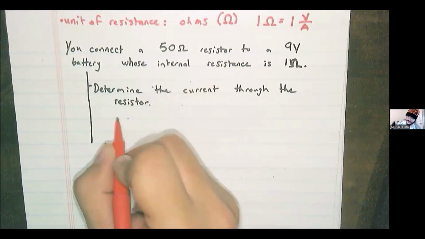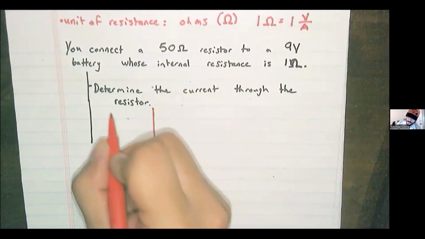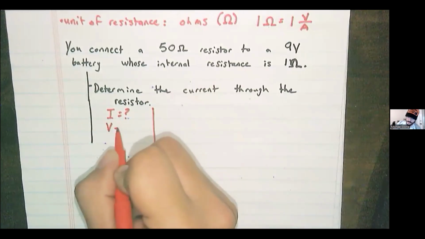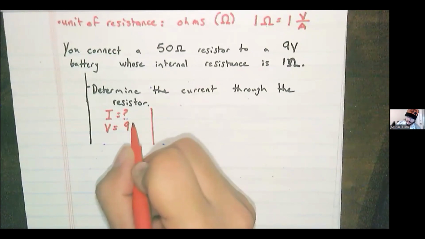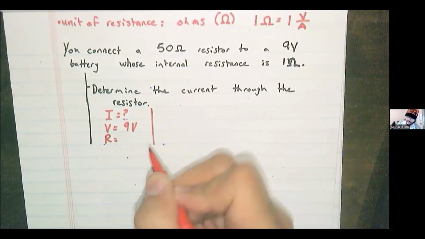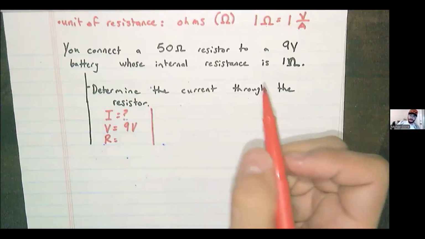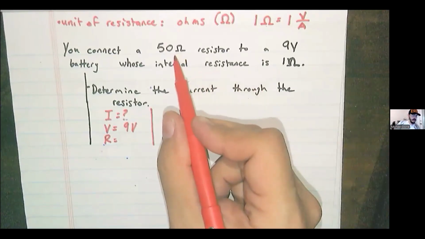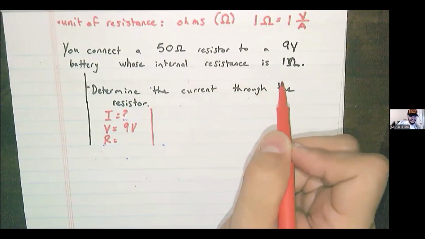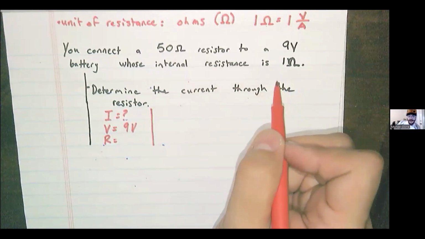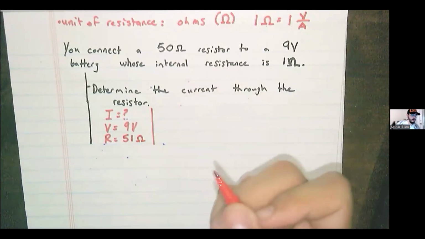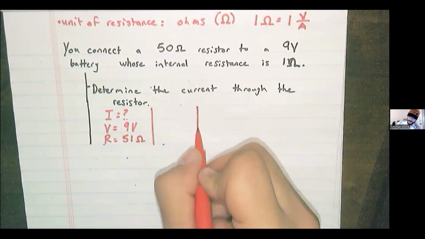The current through the resistor is what we want to know. The electric potential supplied is 9 volts. And what is the resistance of the circuit? Well, we have a 50 ohm resistor, and then 1 additional ohm is incorporated into the circuit just from the battery. So we have 51 ohms across the circuit.